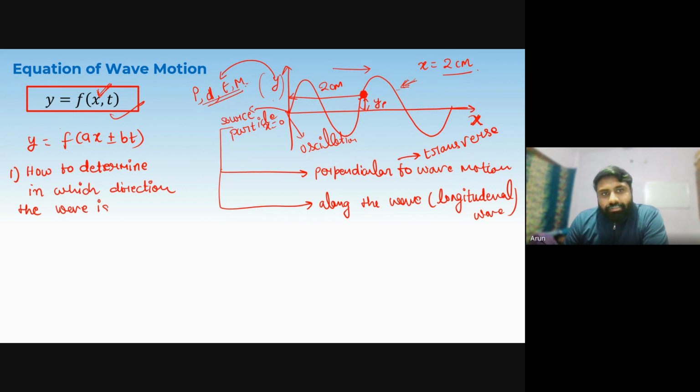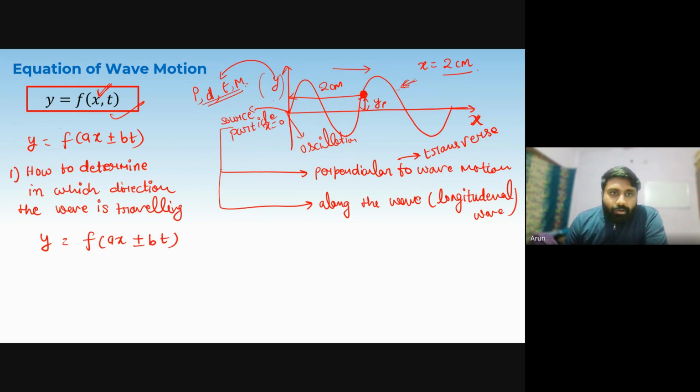Either it is going in the plus x direction, positive x direction, or in the negative x direction. So for that, keep this function in mind: y equals f of ax plus minus bt.